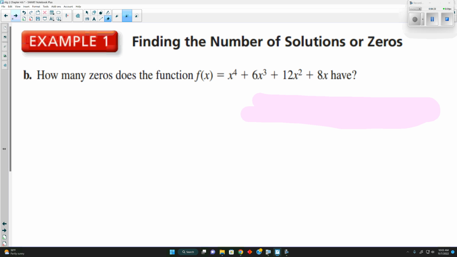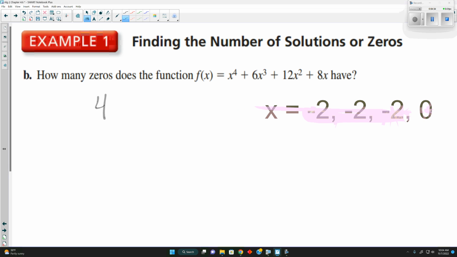How many zeros does this function have? Because the degree is 4. Now the solutions for this here are -2, -2, -2, and 0. So I'm showing you those solutions so you kind of know what they are, but there are 4. 0 is a solution that works for this here, because again, we're looking for what values of x will make the function be 0.